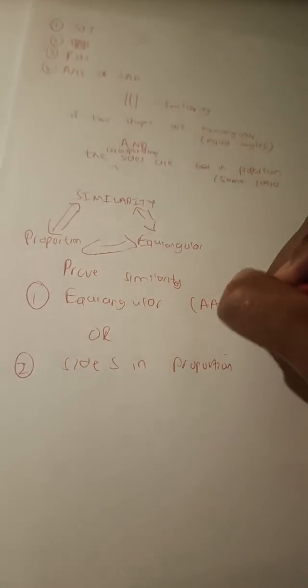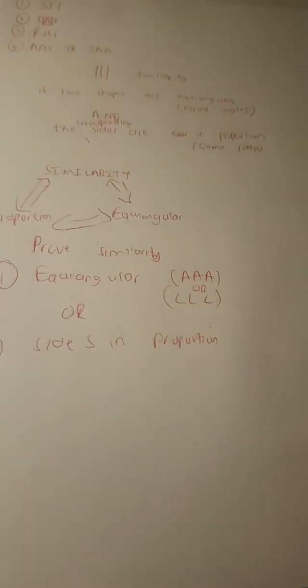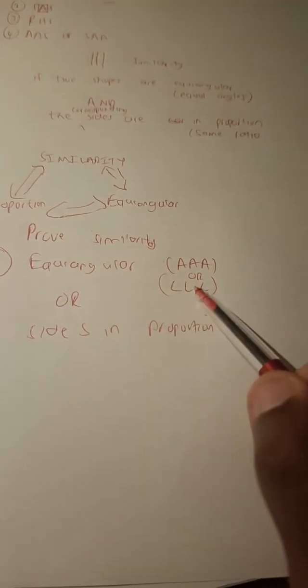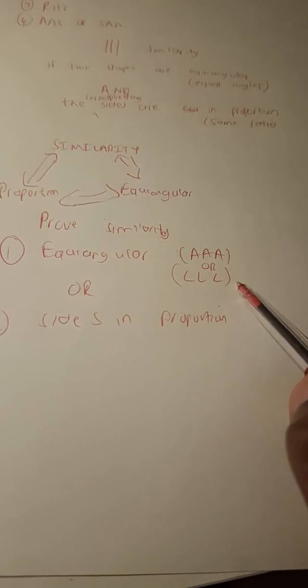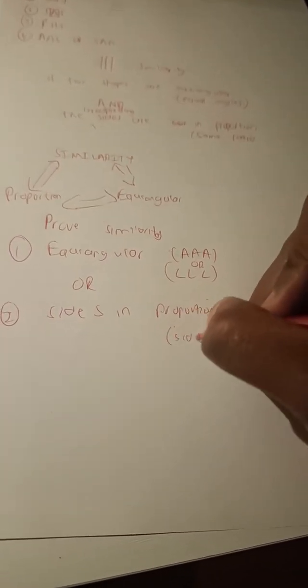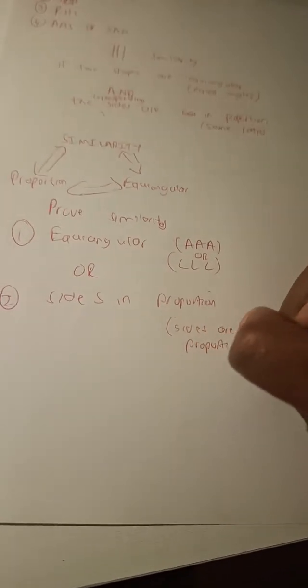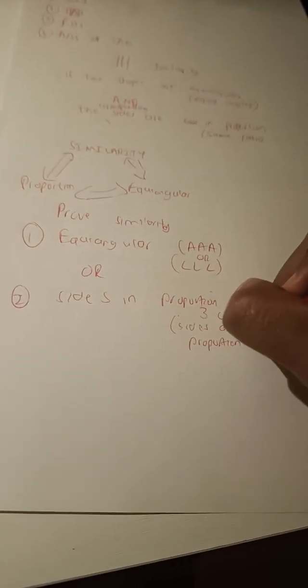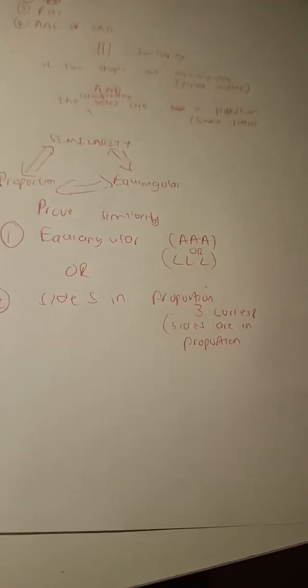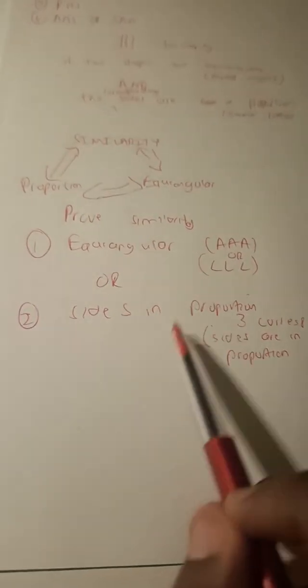For equiangular, our case is always going to be angle, angle, angle at the end. So we must prove that three corresponding angles are equal for the two triangles, or you must prove that the three corresponding sides are in proportion. If you can prove one of these, then you can conclude that the triangles are similar. It's one of two ways.